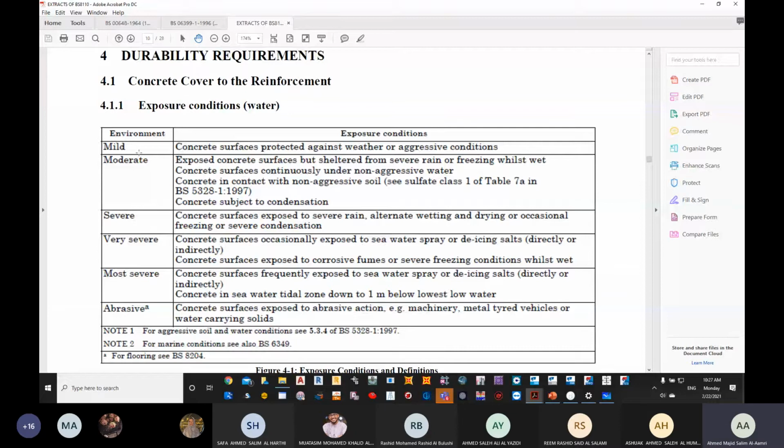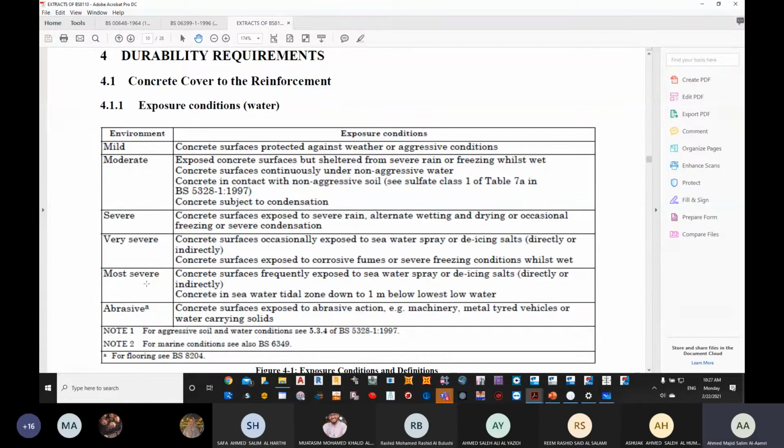So we have mild, regular, moderate, and severe for rain. We have very severe whenever you are having a building near to the seawater. If we are designing something near to seawater, then it's going to be very severe. If we are having, for example, a structure which is inside the sea, it should be designed for more severe, as well as the elements which are directly related to the soil, like the foundation, which need to be designed for more severe cases.